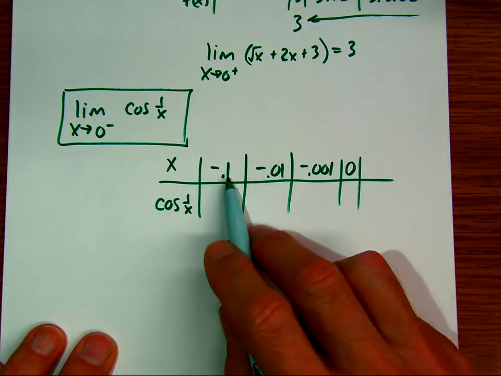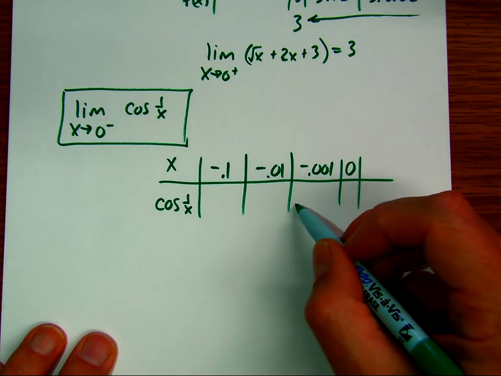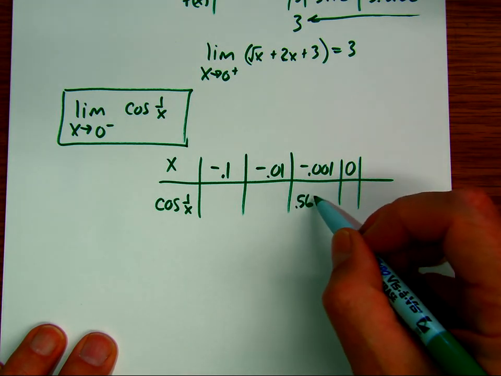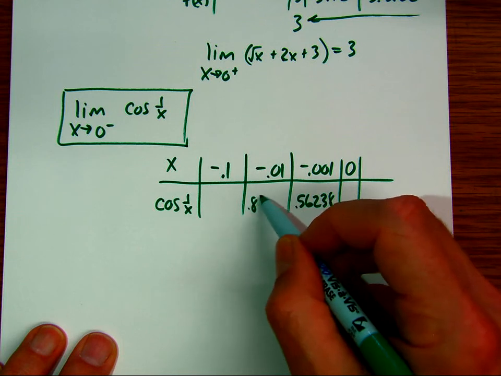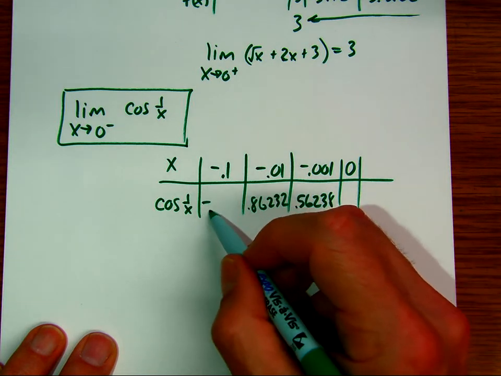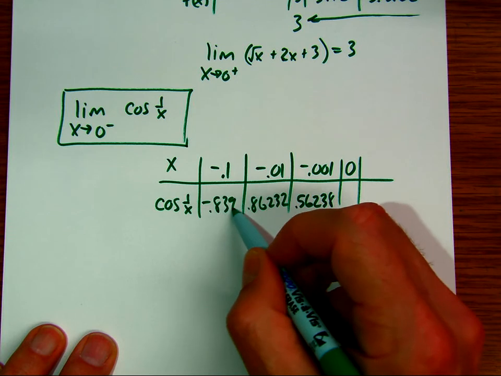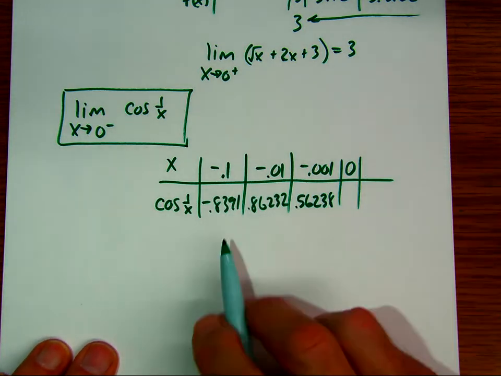And if you chose different numbers, that's fine. They just have to get close to 0. Here we have 0.56238. And here we have 0.86232, negative 0.8391. So we're getting really close to 0.